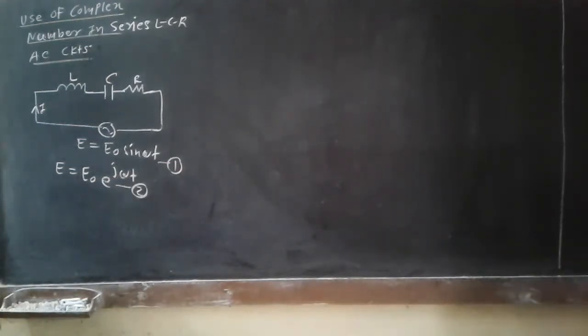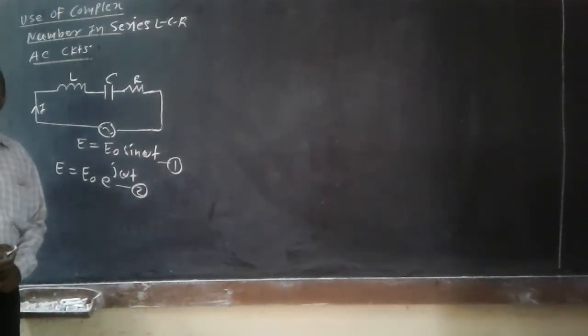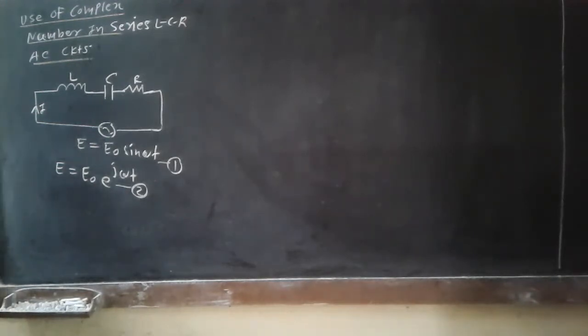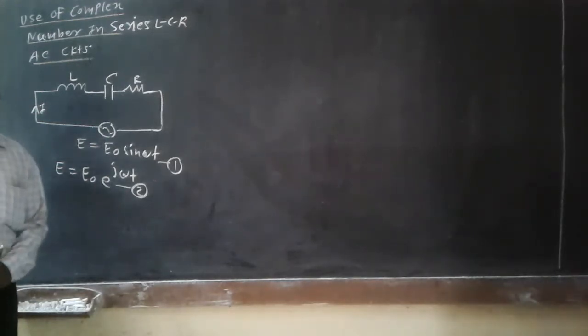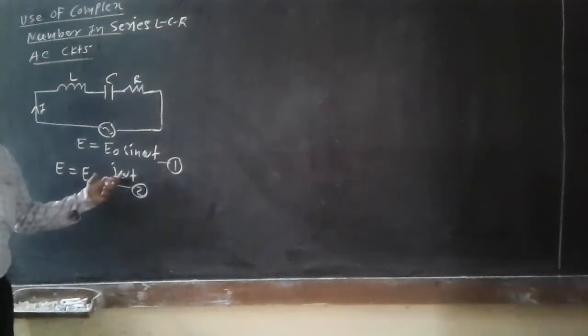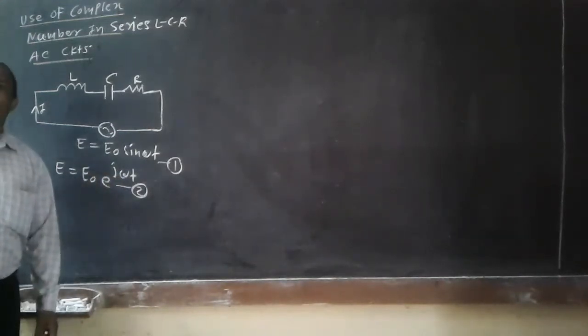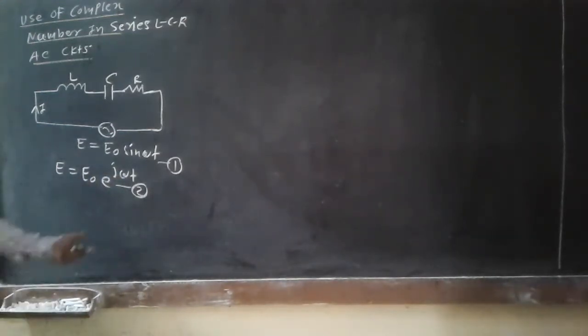J sin omega t is the imaginary part, cos omega t is the real part. In equation 1, the real part, cos omega t, is absent, and only the imaginary part, j sin omega t, is present.